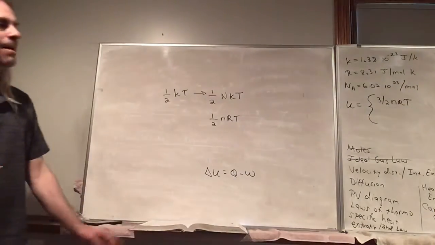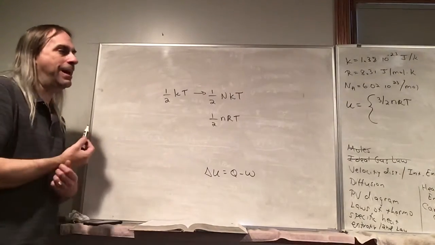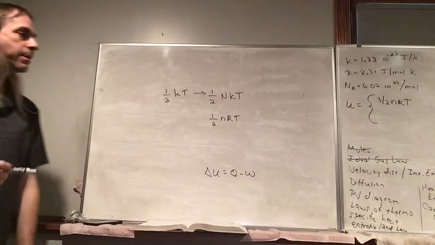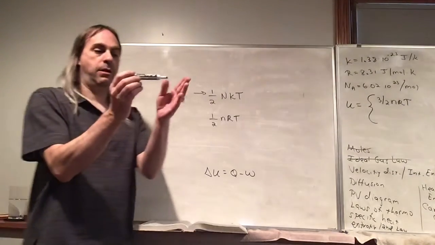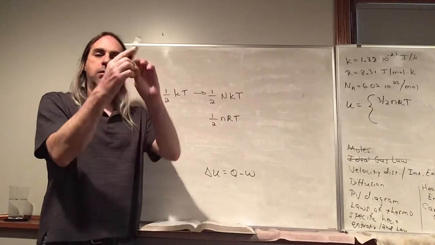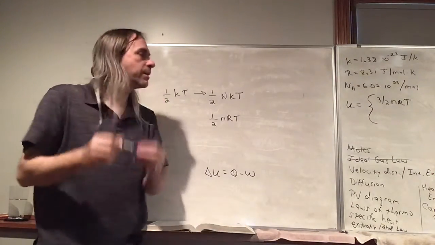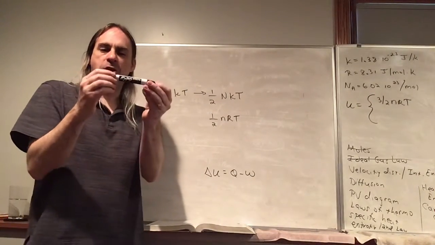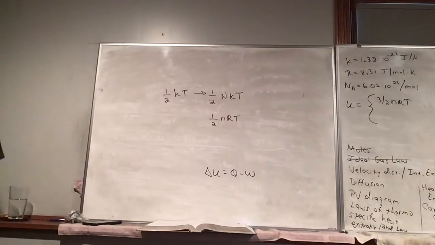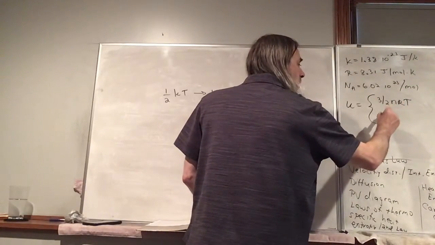Now, for a diatomic gas at low temperature, it'd be exactly the same. But then at higher temperatures, it also has 2 types of rotations. You know, say you have a molecule with an atom on either end. It can rotate this way or this way. It can't really spin around this axis. The moment of inertia around that axis would essentially be 0. So we would have 2 additional types of motion.